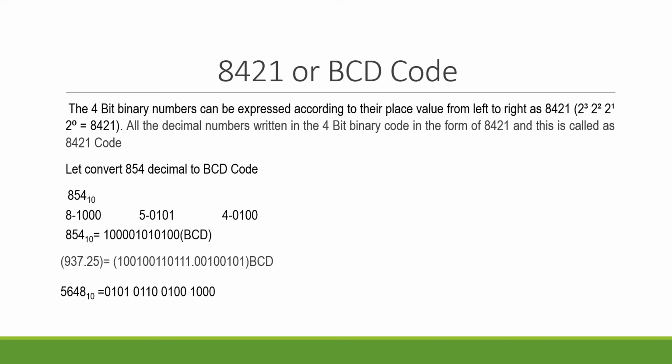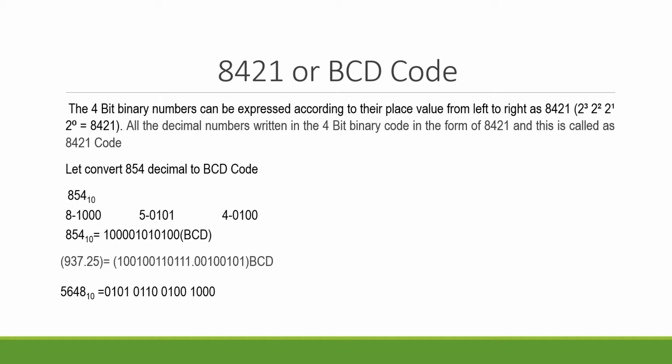So let us start with 8421 or BCD code. As we have seen, it is a 4-bit binary number and can be expressed according to their values. Why is this called 8421? You can see that 2 to the power 0 is 1, 2 to the power 1 is 2, 2 to the power 2 is 4, and 2 to the power 3 is 8.